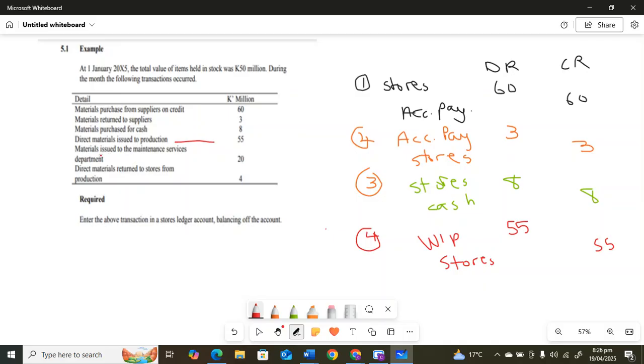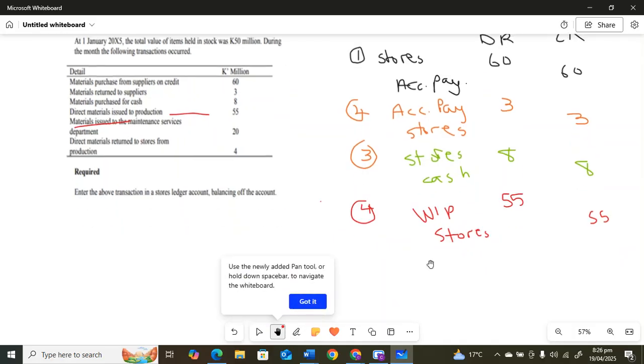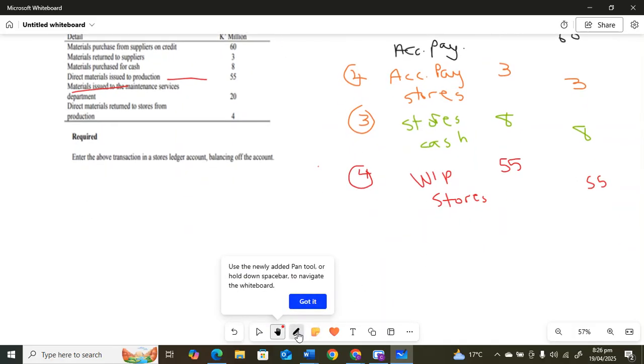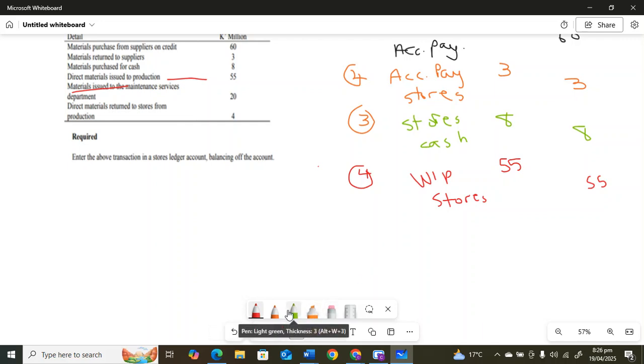Okay. Number 5, materials issued to maintenance services department. It goes into production overheads.